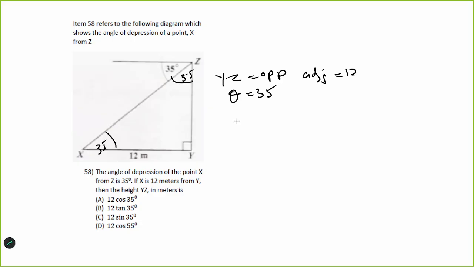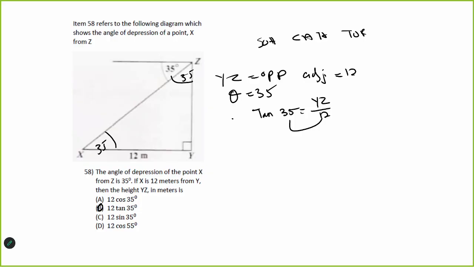So therefore, opposite over adjacent, that is tan. So tan 35 is equal to opposite YZ over 12. Carry this across. That's 12 tan 35. So B is the answer.